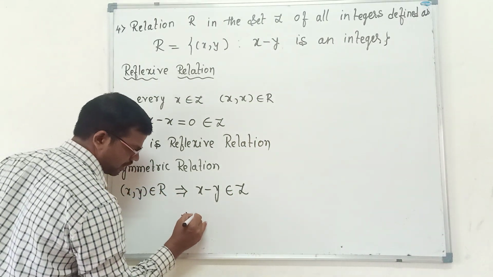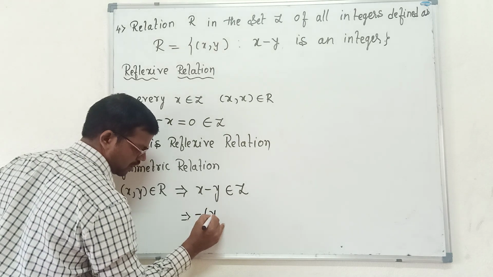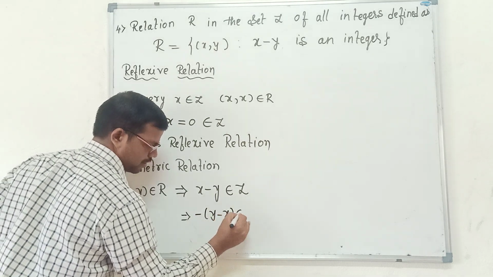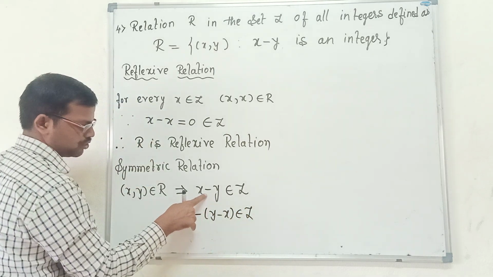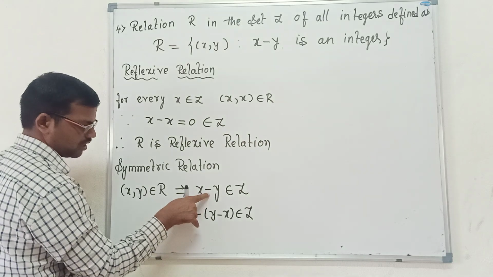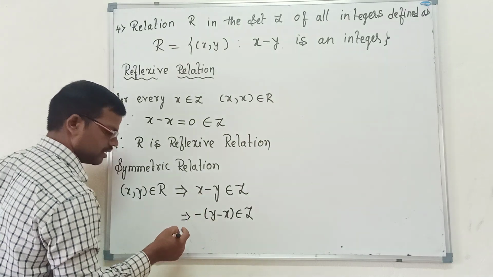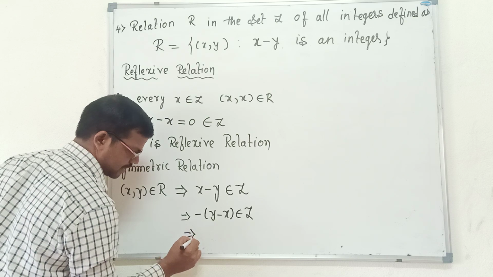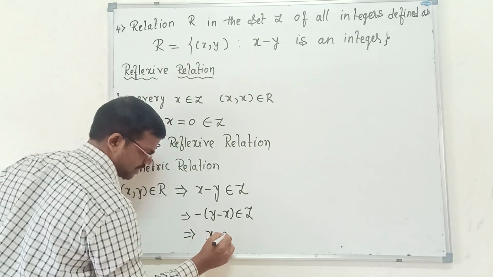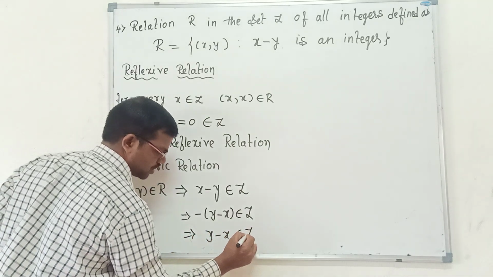So let me simplify: minus of (y minus x) belongs to Z. If the positive number is there, then the negative number is again there. It implies that y minus x belongs to Z.